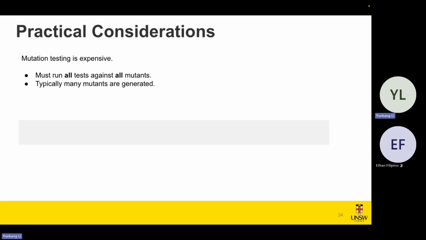And what's worse is that typically we may create too many mutants because we can literally change anything of the original program. So we could create so many mutants and we need to apply all the tests on each mutant. This is a very large effort.